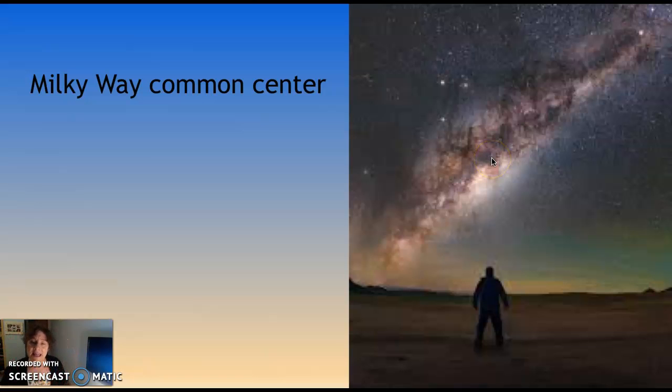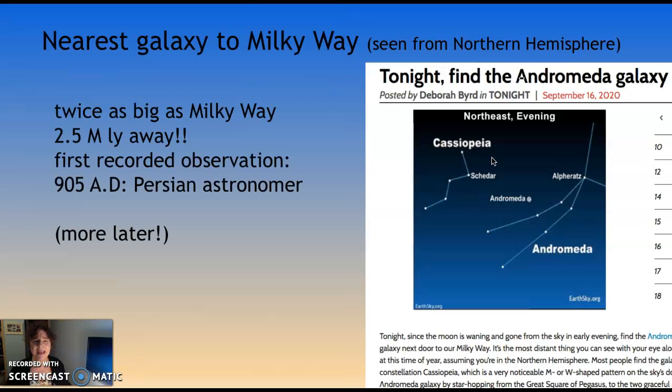And in fact, this Milky Way is stretching from the northern hemisphere to the southern hemisphere, and obviously way beyond. But in the northern hemisphere, we do get a really great view of the central core.